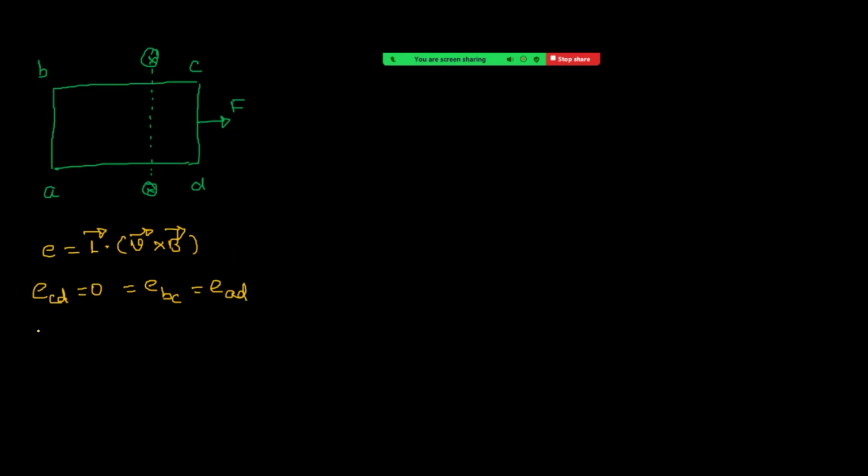Now EMF is induced only across AB, okay? And you can see here the field is now into the board, velocity normal to length, therefore L bar, V bar, B bar, all three are mutually perpendicular. So directly I can write B, L, V, right? Now substitute values here.